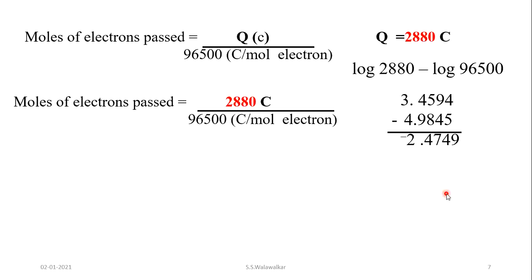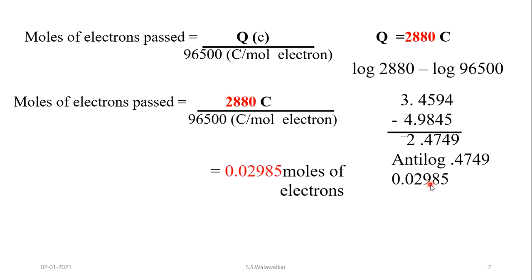Bar 2.4749. So antilog of 0.4749 is 0.2985, but here the characteristic is bar 2, so you have to put the decimal point here, 0.02985. So your answer is how much?